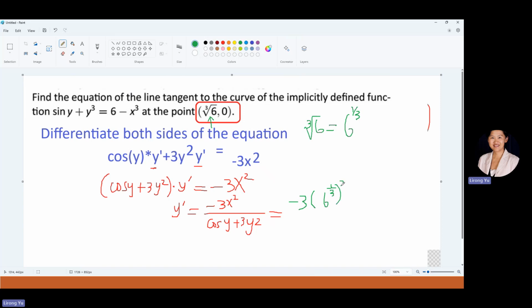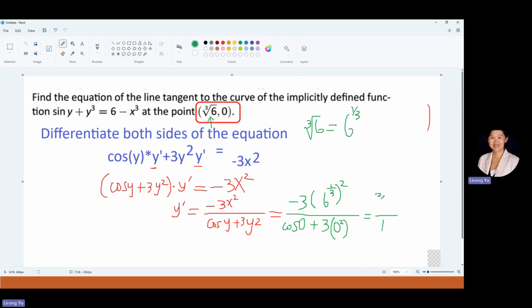This is over cosine of y, and y equals 0, so this is cosine 0. On your calculator, cosine 0 equals 1, plus 3 times y squared, and y equals 0, so 0 squared is basically 0. So the denominator equals 1 plus 0, which is 1.